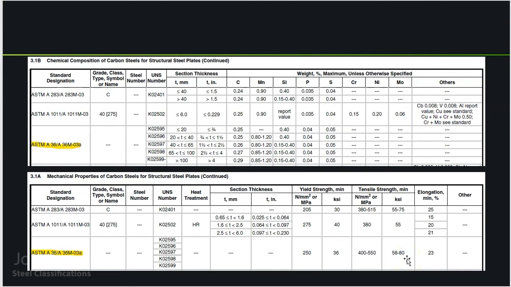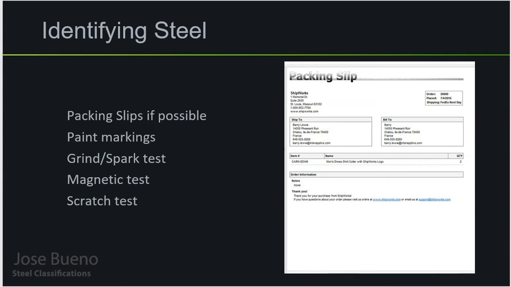And so this is how we can determine exactly what ASTM means when it's classifying steel as A36 or some other number-letter designation. All we have to do is just look it up, and it's going to tell us exactly what the characteristics are.